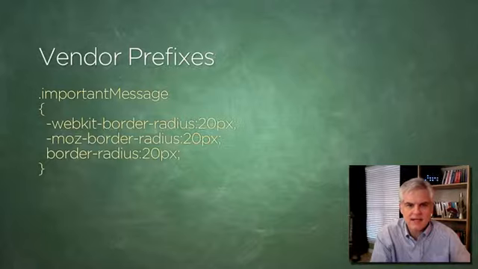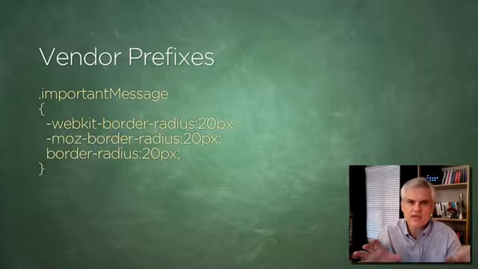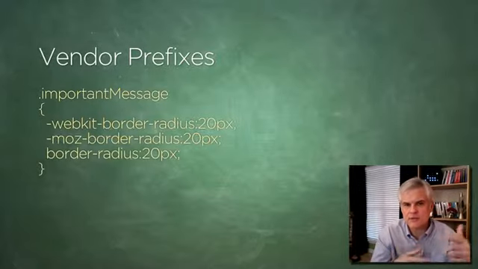Now, like we said much earlier in this series, CSS Level 3's specification was broken up into multiple parts, and some of those parts are already being implemented by browser developers, while others are still being agreed on.